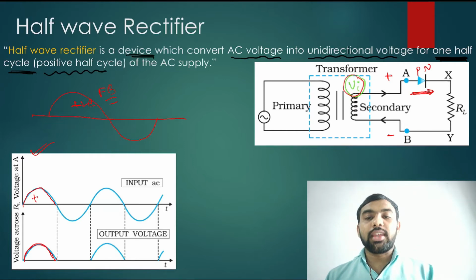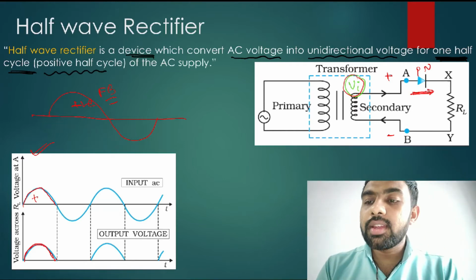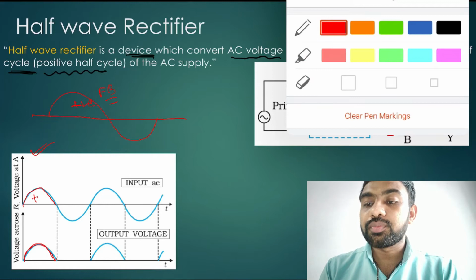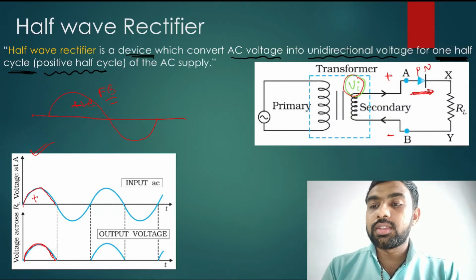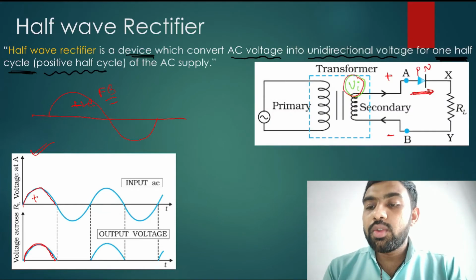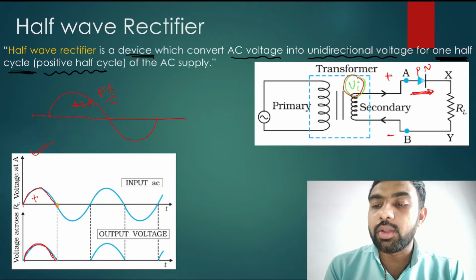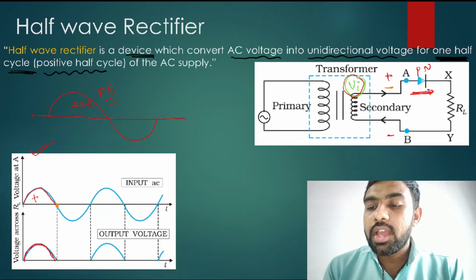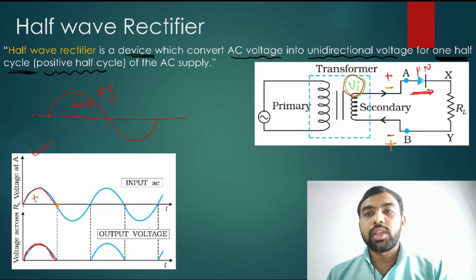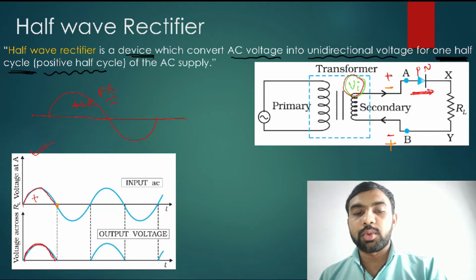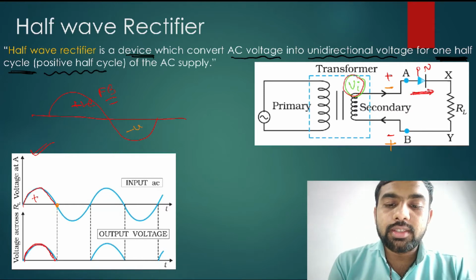Now consider the second case, the negative cycle. Consider an orange pen. When you apply the negative cycle, A becomes negative and B becomes positive. So when the negative cycle is applied, the diode is in reverse bias.